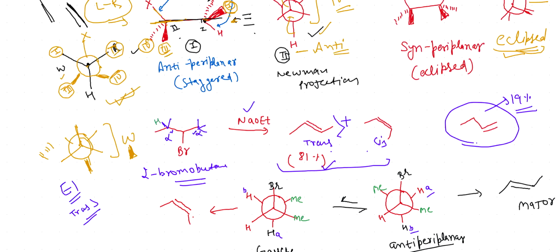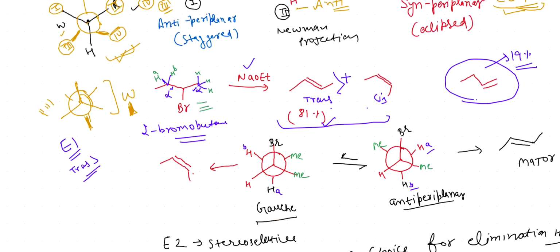There are two hydrogens and there are three hydrogens. These all are the same. Clear? Here, just draw the Newman projection of this structure. Here, there are two possibilities. It can form two conformations.